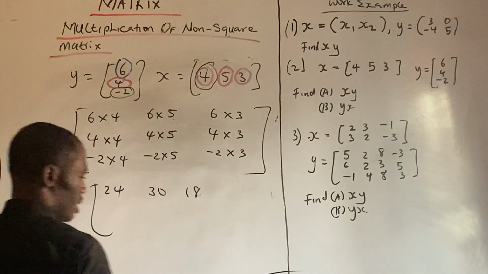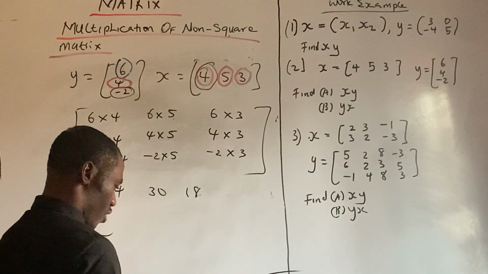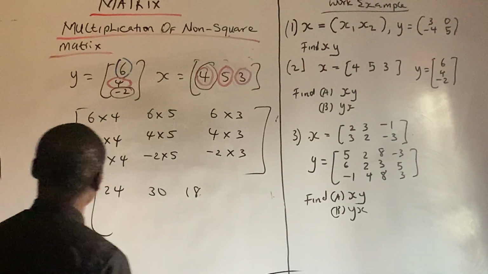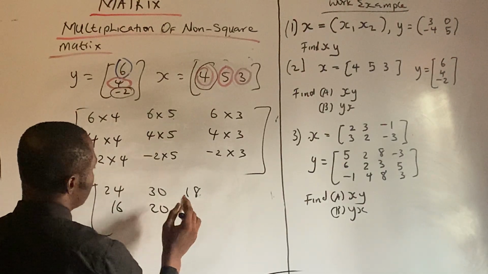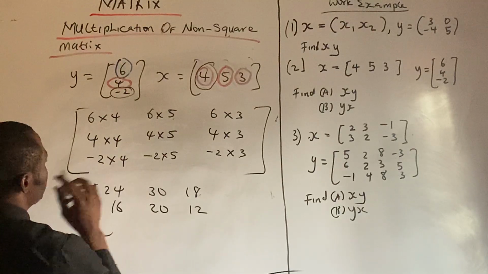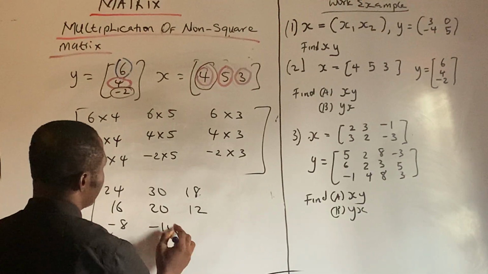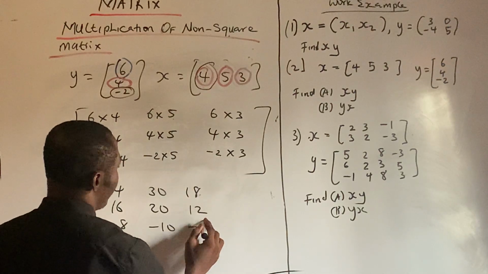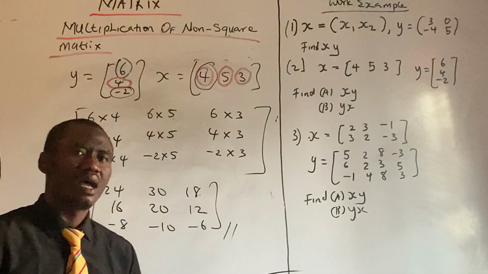Let's confirm it. 4 times 4, 16. And 4 times 5, that will give me 20. 4 times 3, that will give me 12. Minus 2 times 4 gives minus 8. Minus 2 times 5 gives minus 10. Minus 2 times 3 gives minus 6. So this is our final answer.